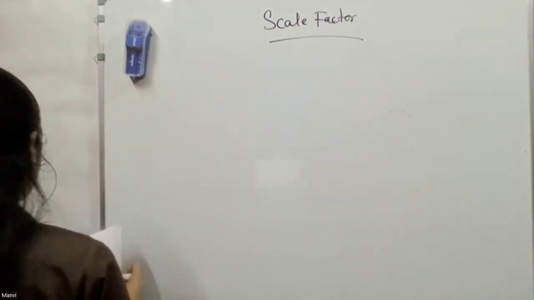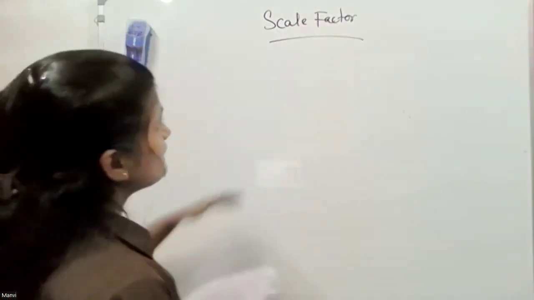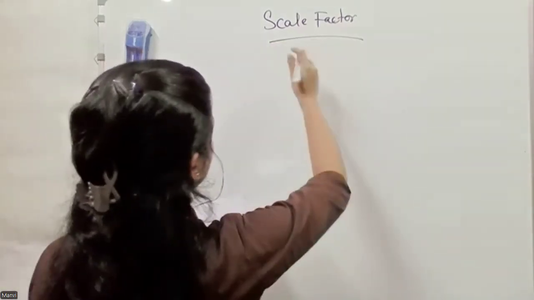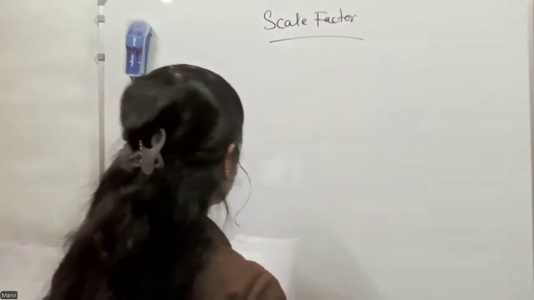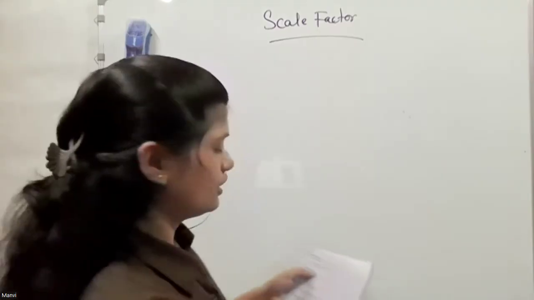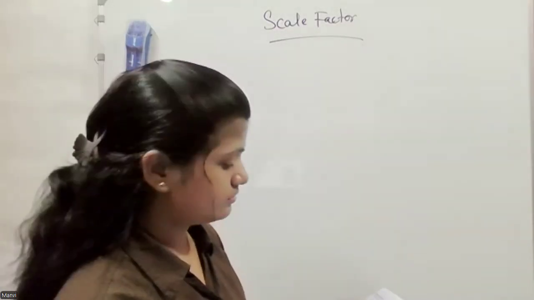So how do we calculate the scale factor? We will calculate this scale factor by dividing the new length with the original length. It's very helpful for drawing maps or drawing a model and all.